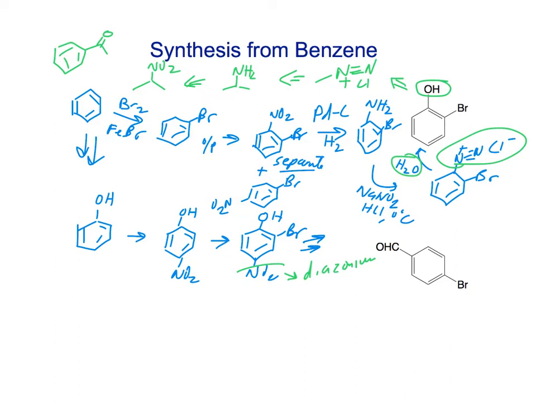It'll insert an oxygen, and for an aromatic one like this, it would insert the oxygen in between the ketone and the benzene ring to make an ester. And then you can hydrolyze or reduce the ester to give the phenol. But we unfortunately didn't have the time to go through all that chemistry.